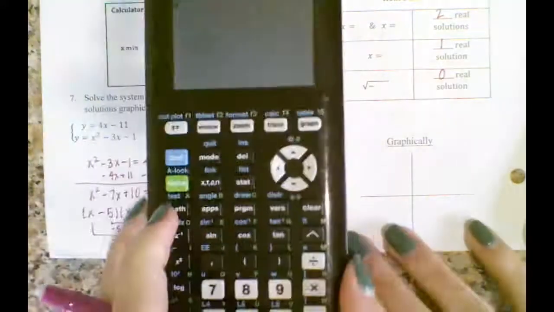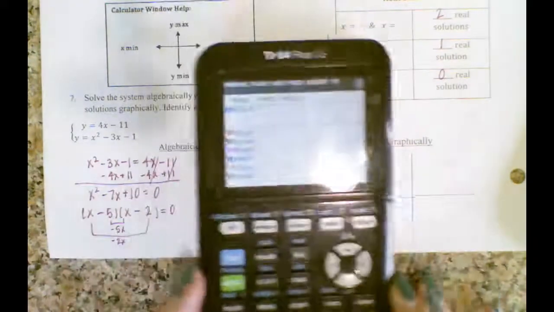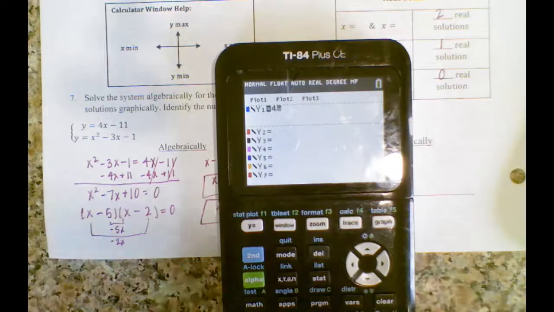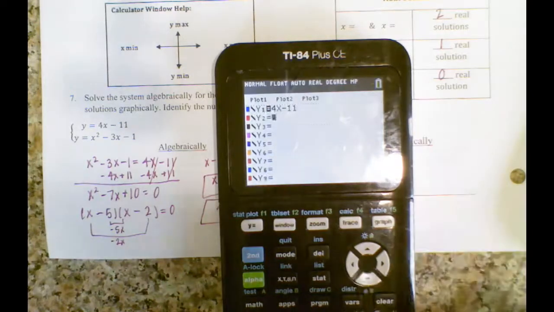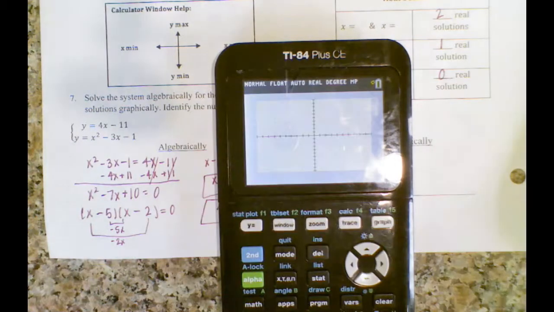All right, graphically, let's look at it. In my y1 screen, I'm plugging in the first equation, so 4x minus 11. In my y2, I'm going to plug in x squared minus 3x minus 1. So there's my linear function, and here's my quadratic.